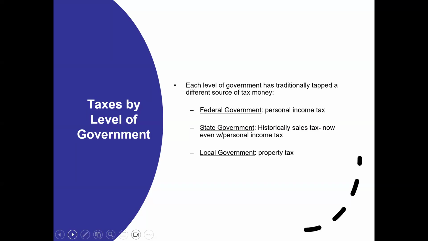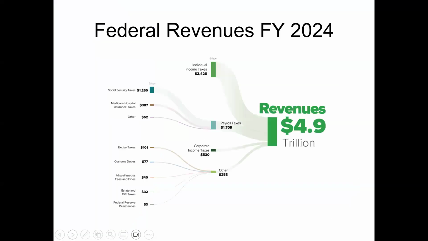And then finally, at the local level, in general, we've seen over American history that the property tax has been the largest source of revenue for local governments. One thing that's becoming more acceptable and more a source of funding also has been some kind of an earned income tax credit at this level. But for our purposes in this module, we're going to focus primarily on the personal income tax.